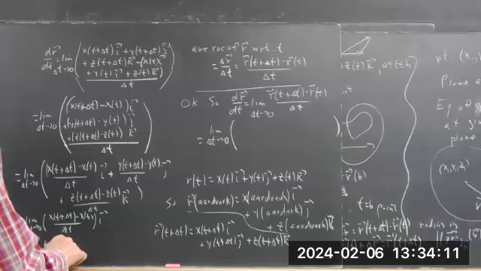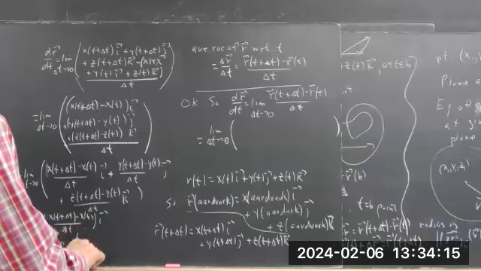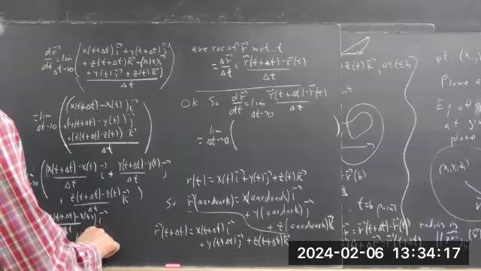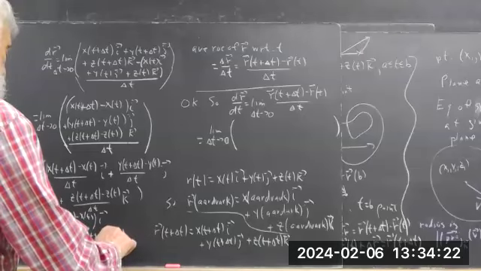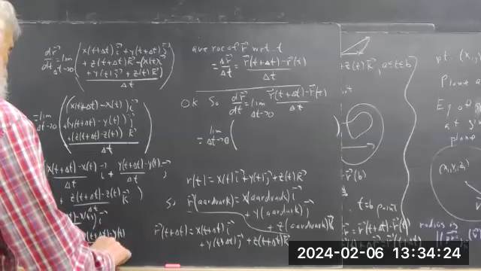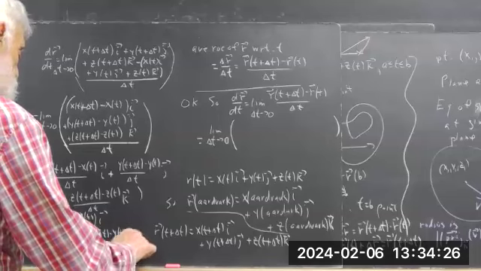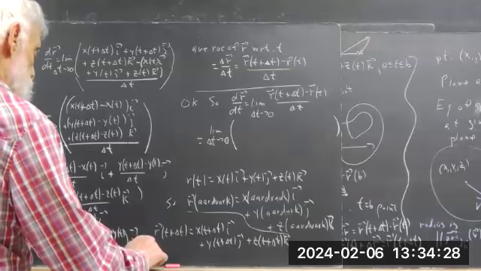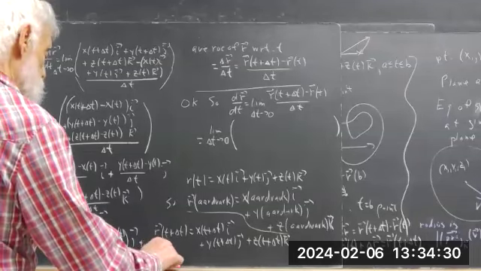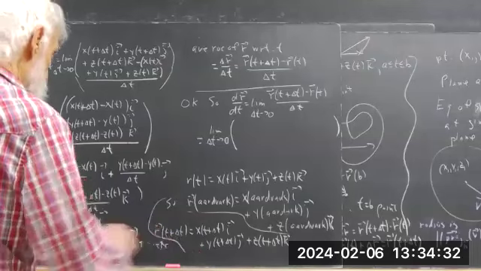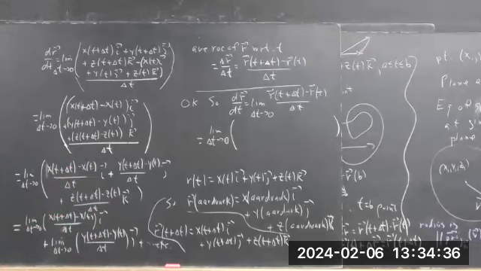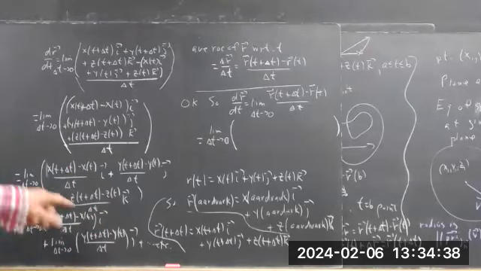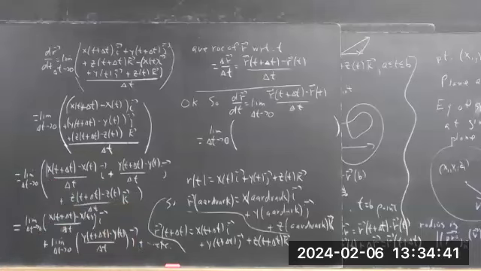Plus the limit as delta t goes to zero of y of t plus delta t minus y of t over delta t times j, plus it should be obvious that you're going to do the same thing with z and k, right? So it should be obvious that you write this down too, but I don't have room.